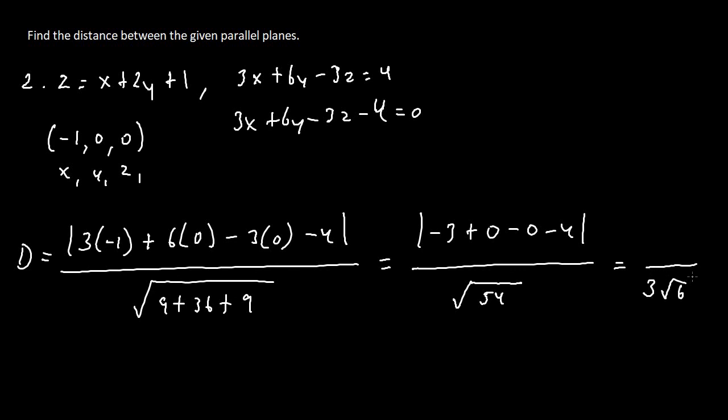And on the numerator, we'll get negative 3 minus 4, negative 7, and the absolute value is 7. So we get 7 over 3 times the square root of 6, multiplied by the square root of 6 over the square root of 6. So then we'll get 7 times the square root of 6 over 3 times 6, which is 18, as our final answer for the distance.